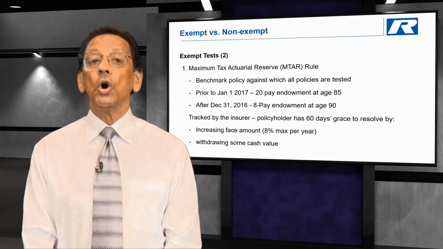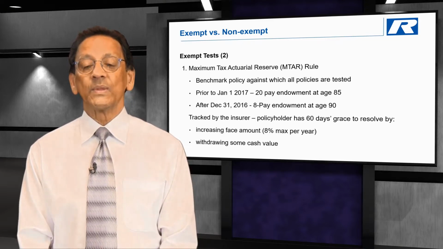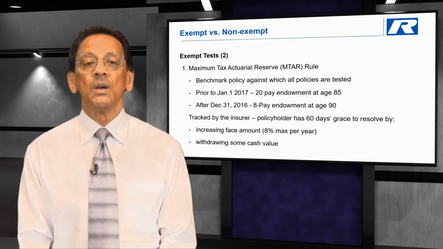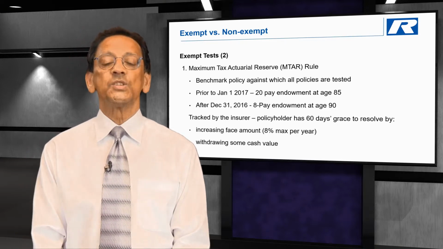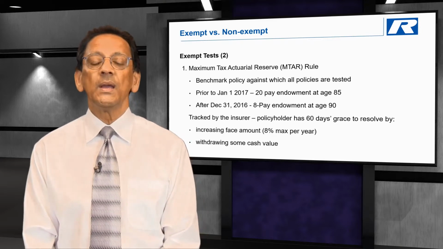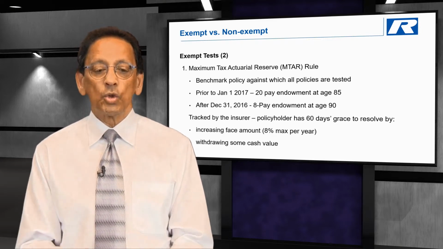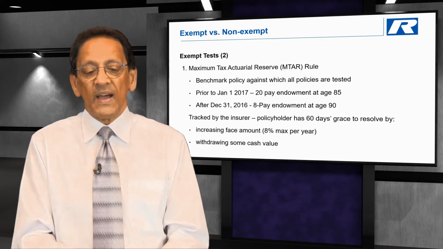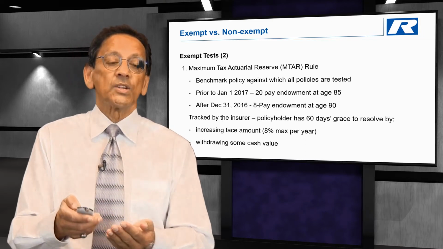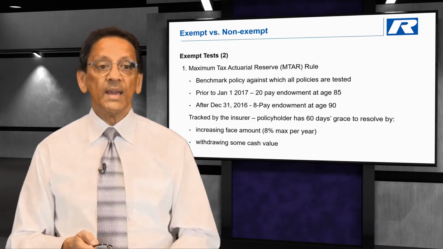You just need to know what the MTAR amount is, and insurance companies will in fact provide you with that. Each policy has its own. It's tracked by the insurance company, and if in fact one of your clients happens to have too much cash in the account, in fact it's gone over the line, there are certain remedies that are available.